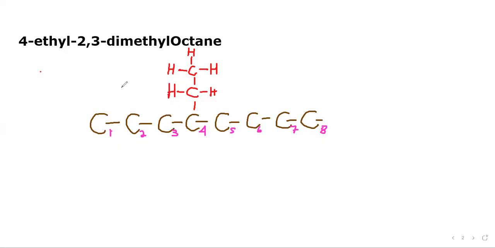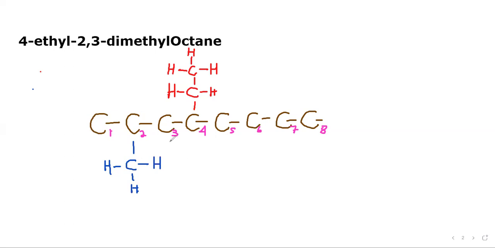So on the fourth carbon, we're going to have an ethyl group. And then they told us again that it's 2,3-dimethyl. So on carbon number 2, we're going to have a methyl group. We know that is CH3. So that is our methyl group on the second carbon atom.